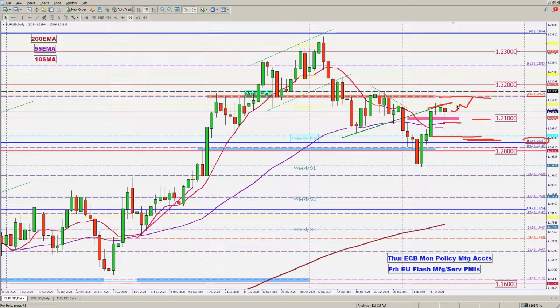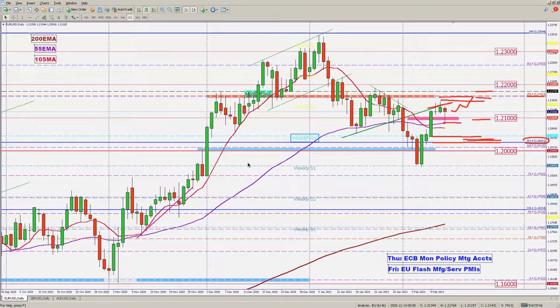It looks like it's going to be constrained in this narrow range again for next week. There's only minor news coming up next week with the release of the ECB minutes, and on Friday there's the flash manufacturing and services PMIs across all the regions.